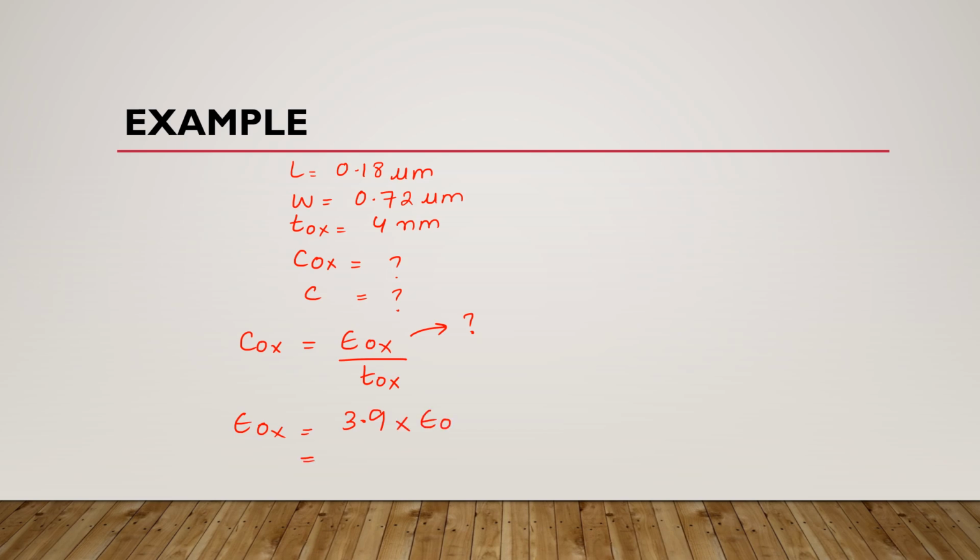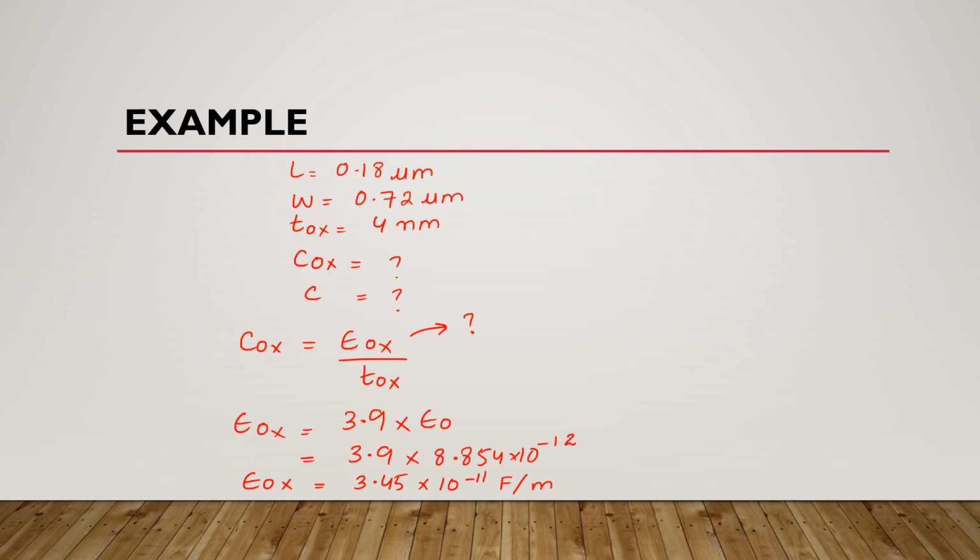This permittivity of free space is constant and has a value of 8.854 into 10 raised to the power minus 12. After solving this you will get the permittivity of silicon dioxide, which is equal to 3.45 into 10 raised to the power minus 11 farad per meter.